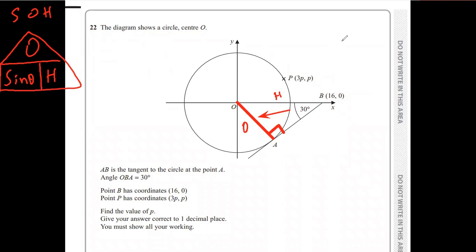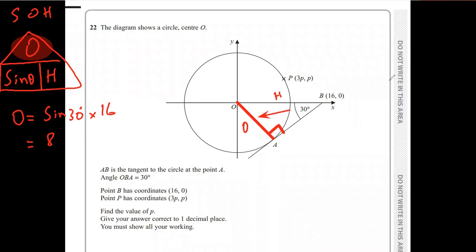In this one, we need to work out the value of O. So if you put your thumb or your hand on O, we can see sine theta and H are at the same level, which means they should be multiplied together to work out the value of O. So we'll write O is equal to sine 30 degrees times by hypotenuse 16. And sine 30 is half, times by 16 is going to be 8. So this is 8 long.